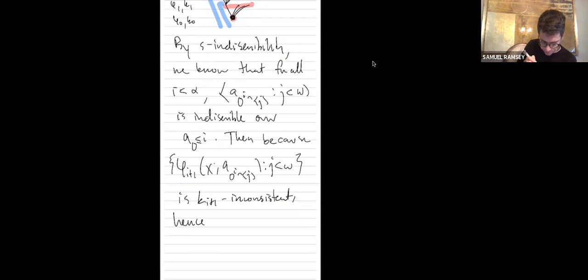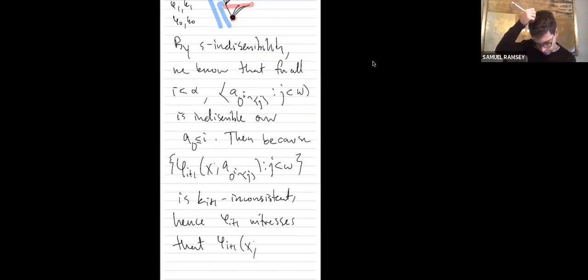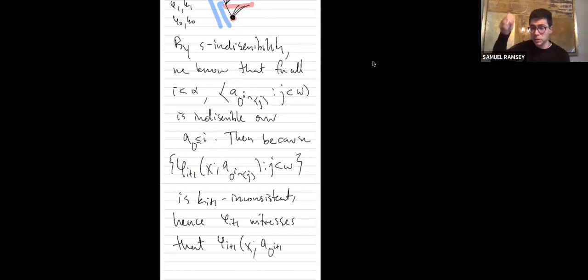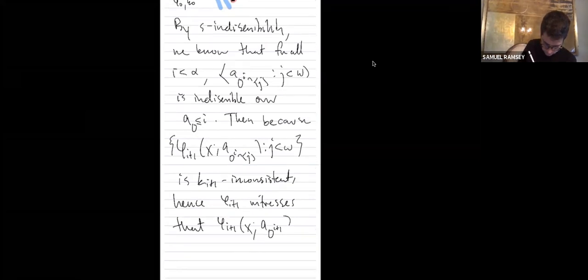Hence, phi_{i+1} witnesses that phi_{i+1}(x, a_{0^{i+1}}), namely that's where the sequence starts from, divides over a_{0^{\le i}}.